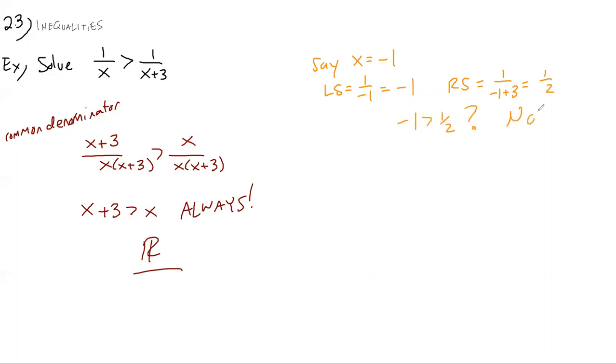Well, no. It's certainly not. So that is a little bit weird when I'm trying to tell you that all real numbers make this statement true. But obviously this one doesn't. What about x equals 0? Well, the left side doesn't even exist. So how can we compare that at all? So there's definitely a little bit of a problem.